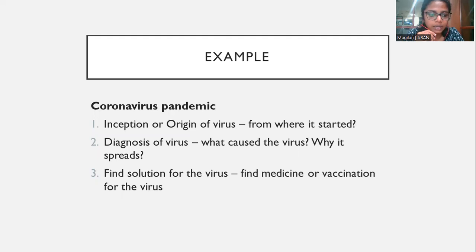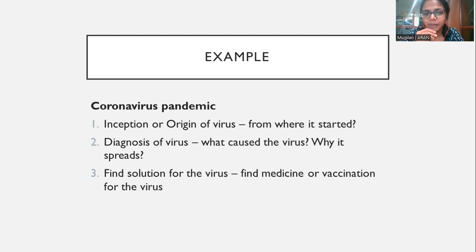A new virus called severe acute respiratory syndrome coronavirus, that is SARS-CoV-2, was identified as the cause of a disease outbreak that began in China in 2019. The disease is called coronavirus disease 2019, that is COVID-19. In March 2020, the World Health Organization declared COVID-19 a pandemic.